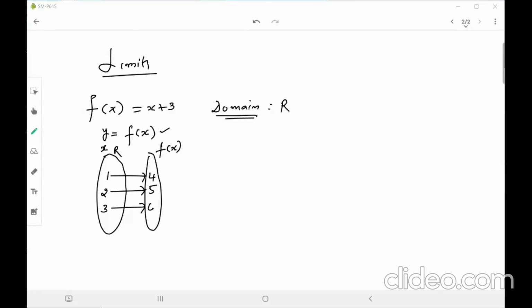But there are cases where we cannot put all the real numbers for the function f of x. The domain is restricted to some particular values. See, for example, suppose I take a function f of x is equal to 1 over x minus 3. This is also a function. My question is, can I put any value for this x?